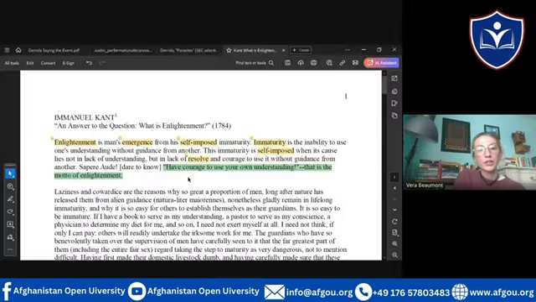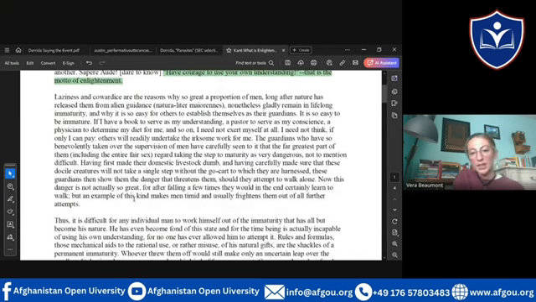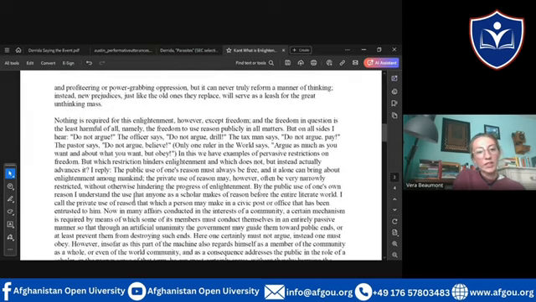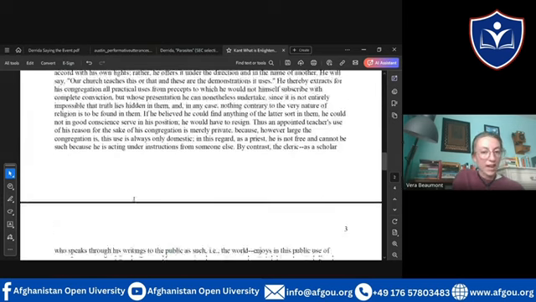That is an excellent question. Let me pull it up here. The last line, where he says, have courage to use your own understanding, is the motto of the Enlightenment. That is his main idea, his main argument. Throughout the text, he uses different examples and comparisons to explain that idea.